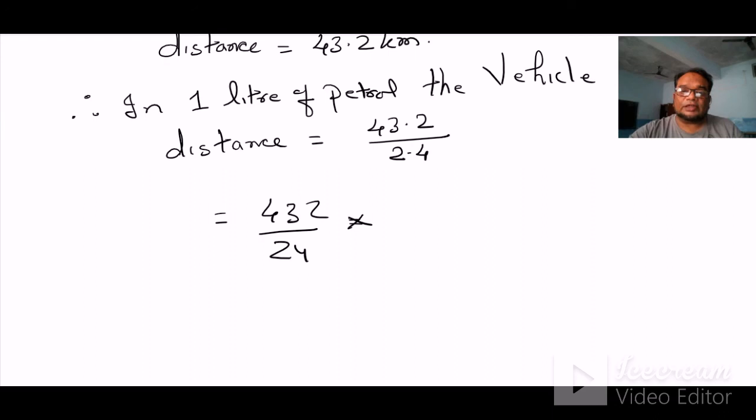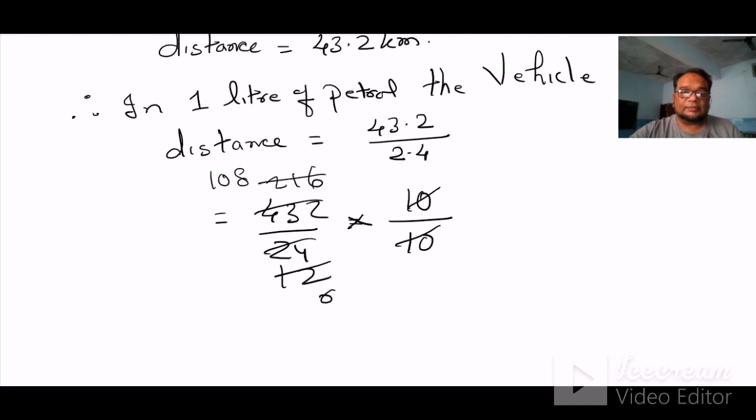So after the decimal there is 1 digit, so it becomes 10 in the numerator as well as the denominator, and the 10 is cancelled with 10. 2 ones are 2, 2 twos are 4, 2 twos are 4, 2 ones are 2, 2 sixes are 12. 2 tens are 20 and 2 eights are 16. 6 ones are 6, 6 eights are 48.